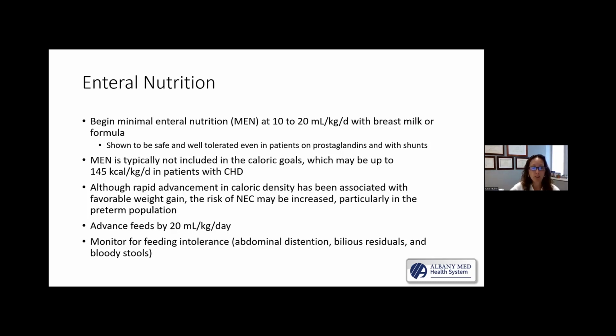So it's more appropriate to advance feeds in a smaller and slower fashion by 20 mLs per kilo per day. You want to pay close attention for feeding intolerance, abdominal distension, residuals, and bloody stools, as this could be a sign that there is the development of some type of GI abnormality, and specifically necrotizing enterocolitis.